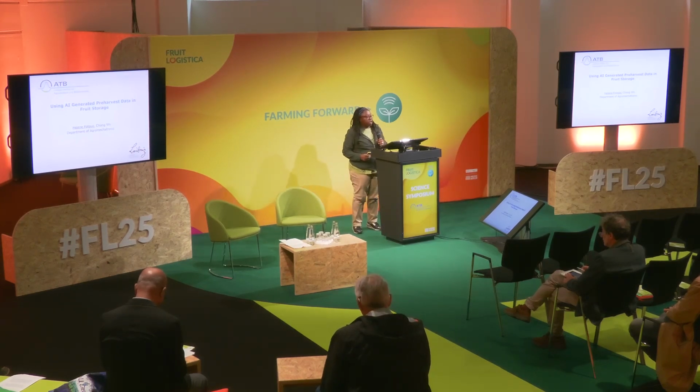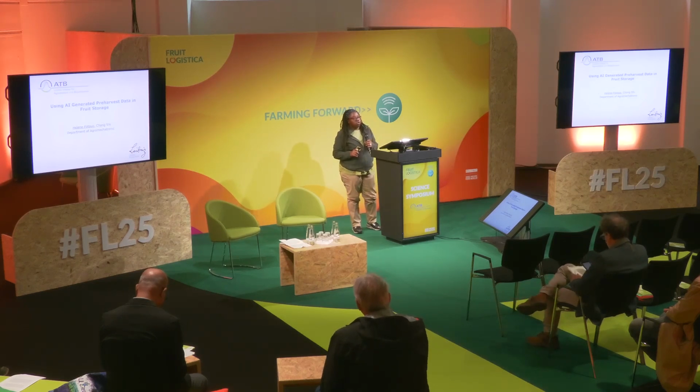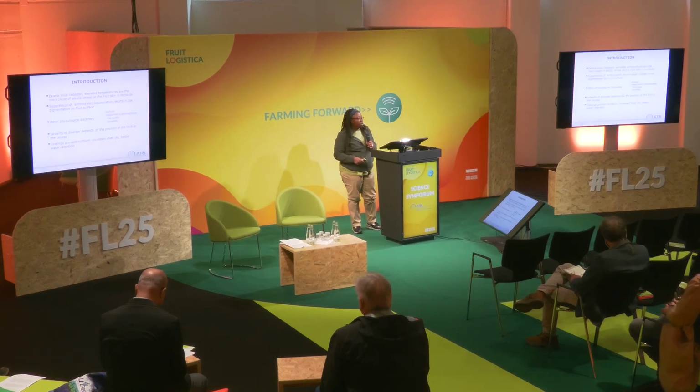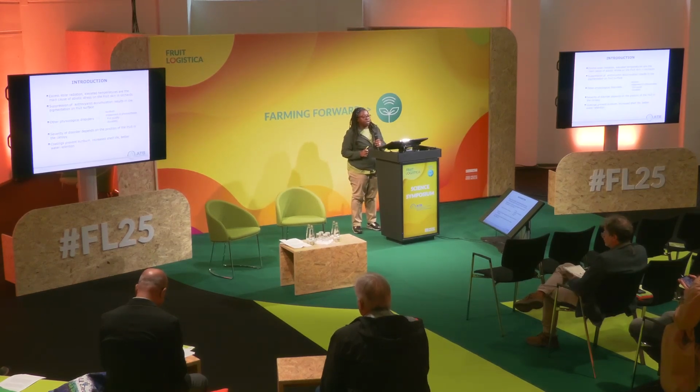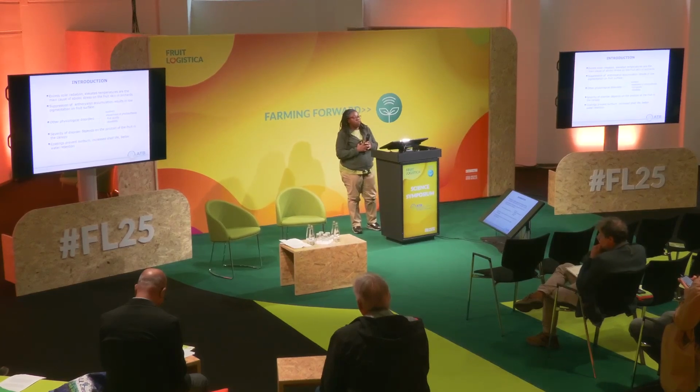So today I'll be sharing with you a preliminary study on how AI-generated post-harvest data can be used to further improve food storage. Excess solar radiation and elevated temperature are the main cause of abiotic stress on fruit skin in orchards.